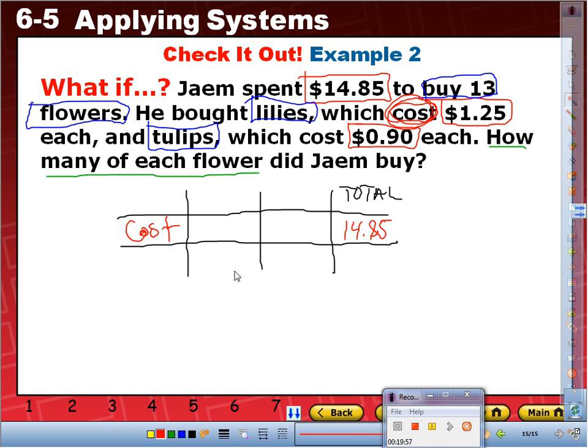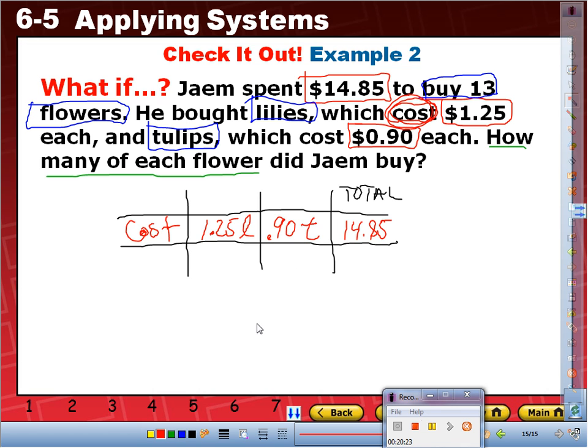Okay. So what was the cost for the first flower? $1.25. And what kind of flower was that? Lily. There it is. What is the second cost? It was 0.90, which was a tulip.